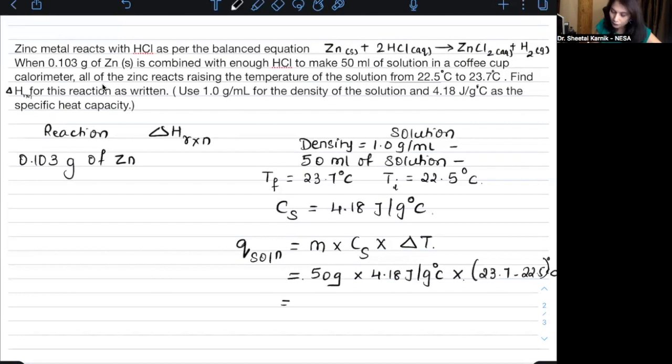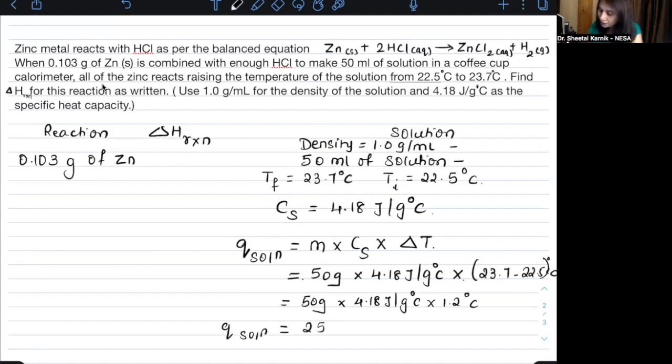So this comes to 50 grams times 4.18 joules per gram degree Celsius times 23.7 minus 22.5, which is 1.2 degrees Celsius. When I do the calculation, I get Q of the solution is equal to 250.8 joules.